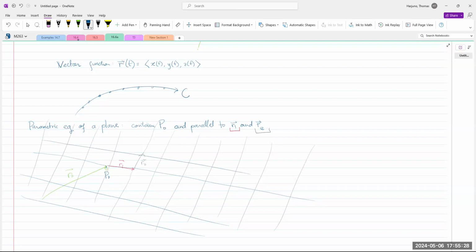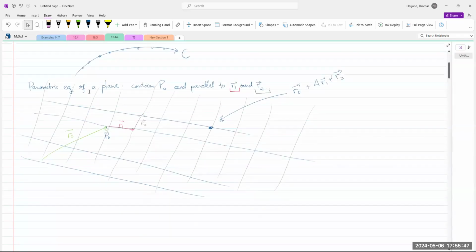Okay, so for example, a point here, you may express that, oh, this is actually R0 plus 4R1 plus 1R2, like that. Okay, in general, we now can express our surface using two variables.